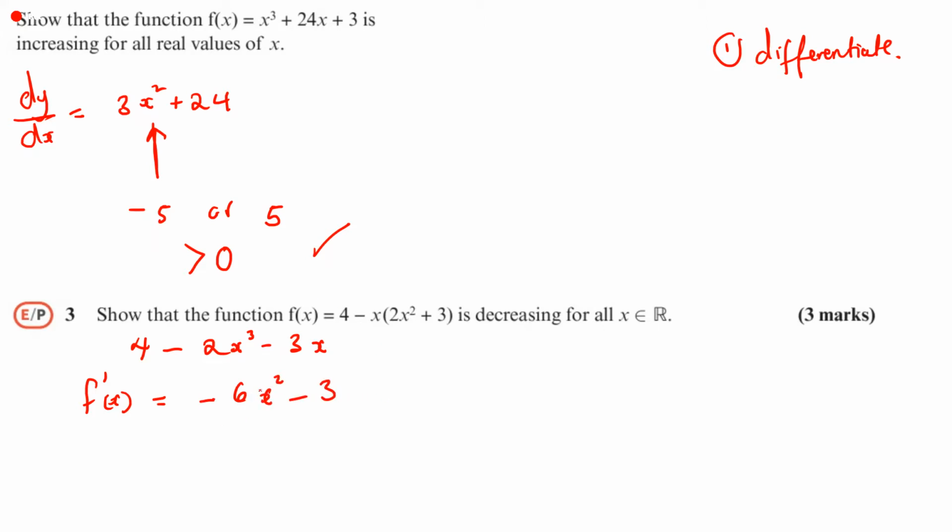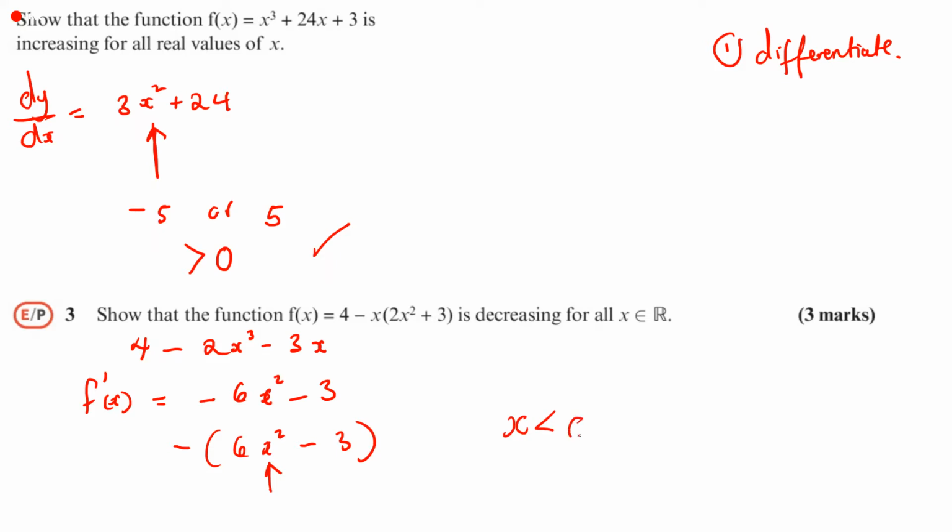Now looking at this function, if I take the negative outside, I'm left with 6x squared plus 3. Because I'm always timesing by a minus, any value I place for x, I'm always going to get a negative value. My answers will always be less than 0.